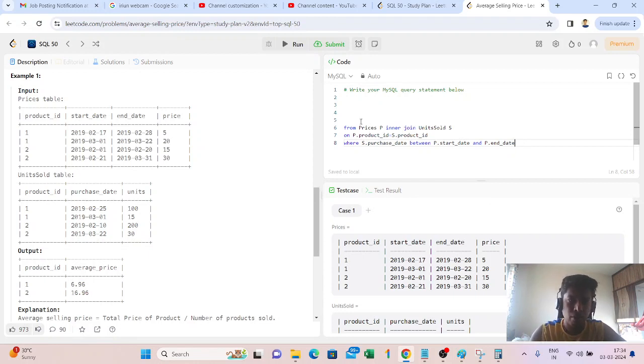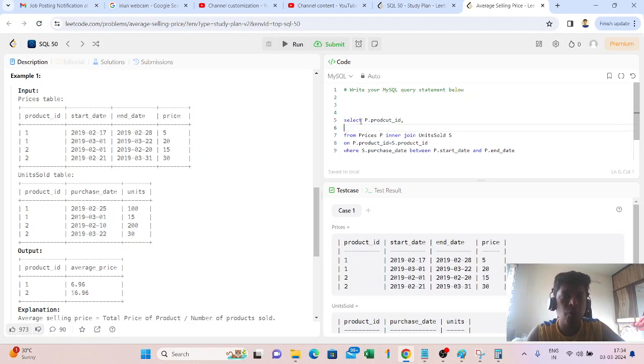Now let's see what we have to select. First is the product ID, so P dot product ID. Now we have to calculate the average. We have to multiply this 100 with this 5, this 15 with this 20, and then add them, and divide by 115.